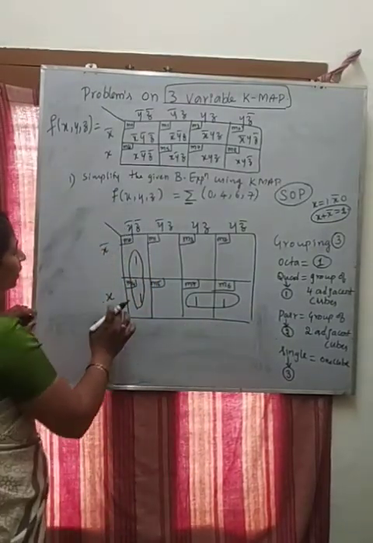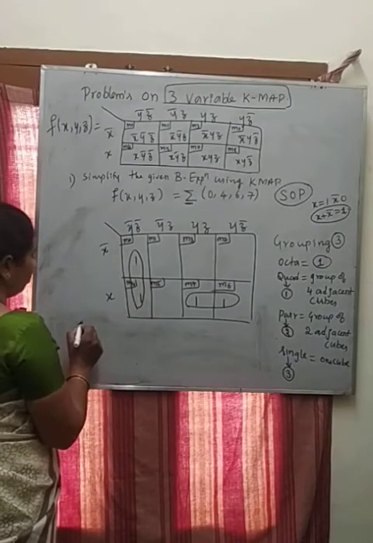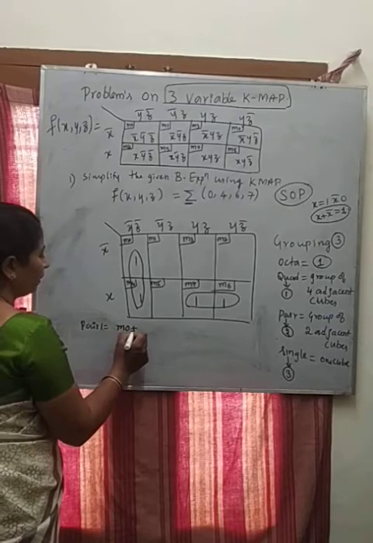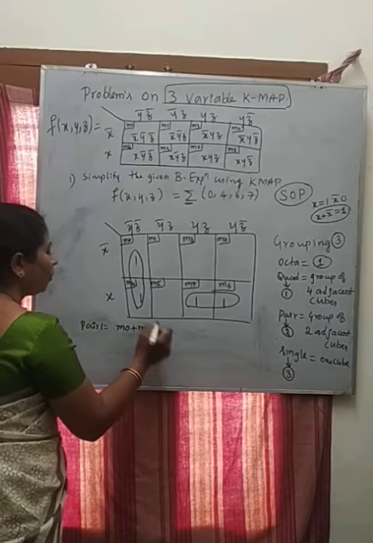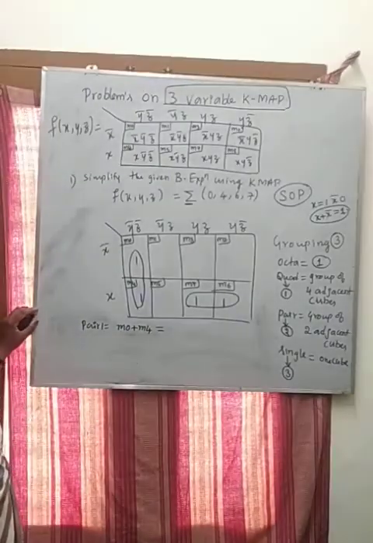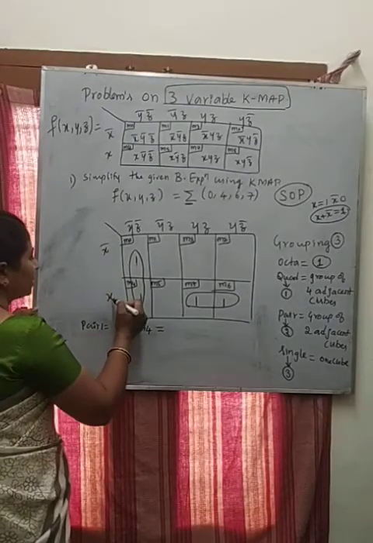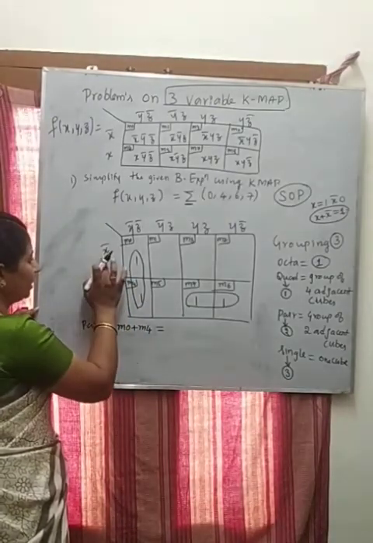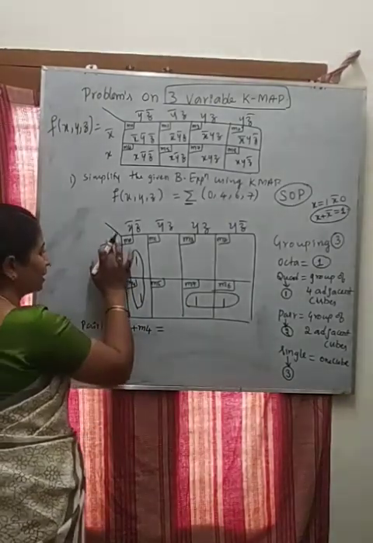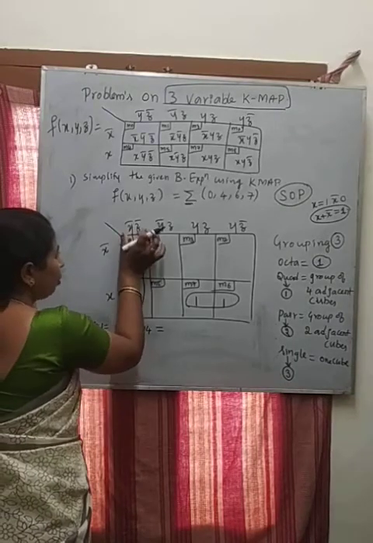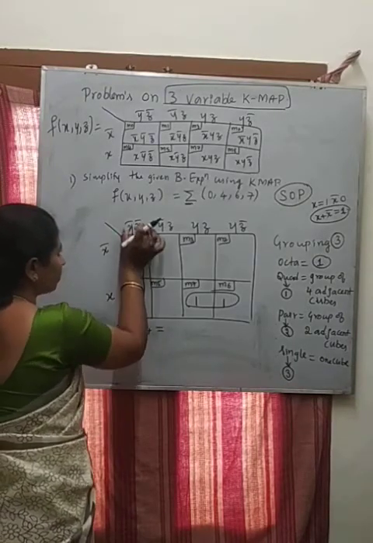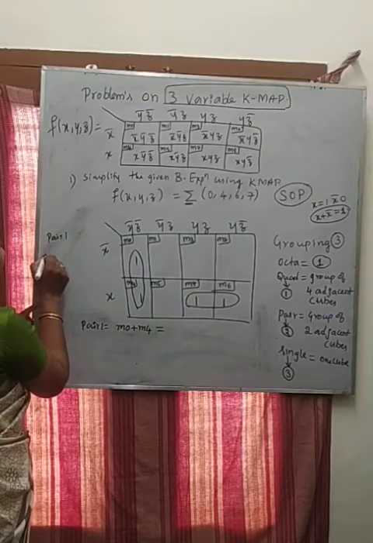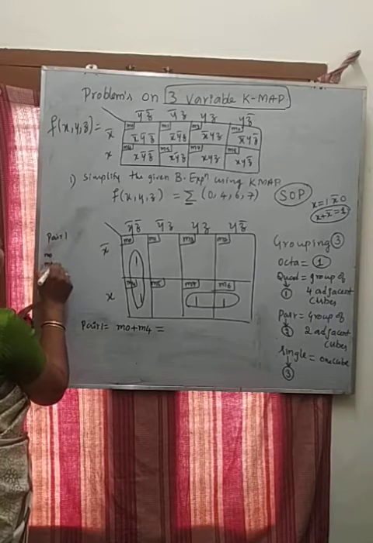See here, among these two, pair 1 is nothing but M0 plus M4. How can I write the reduced variable here? Opposite variables get cancelled. Here x bar is there, x is there, this gets cancelled. What is common for these two terms? Y bar z bar.